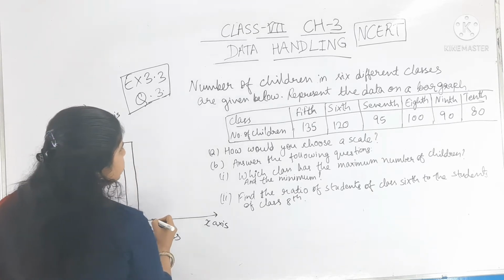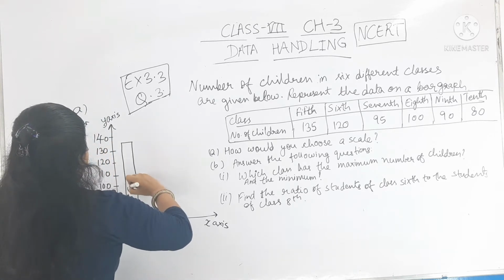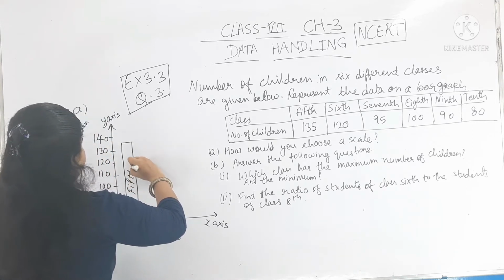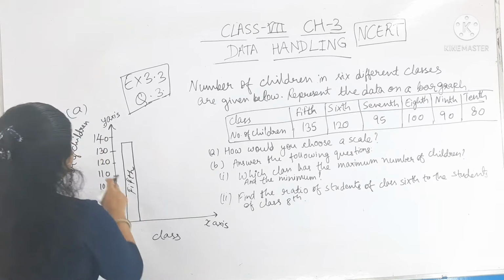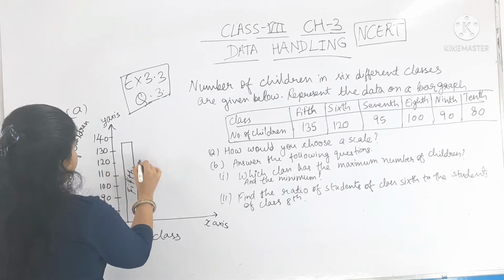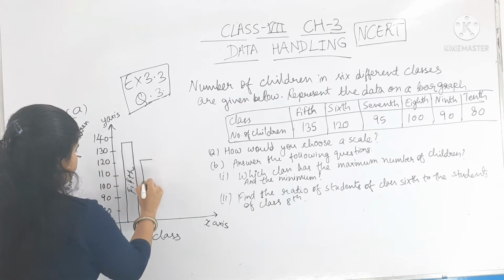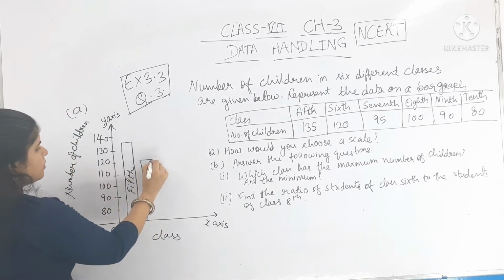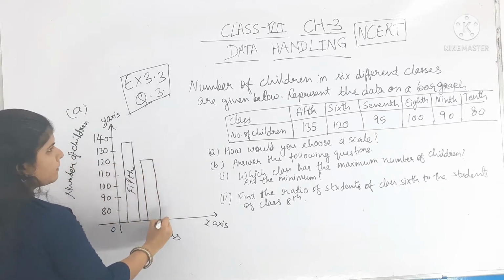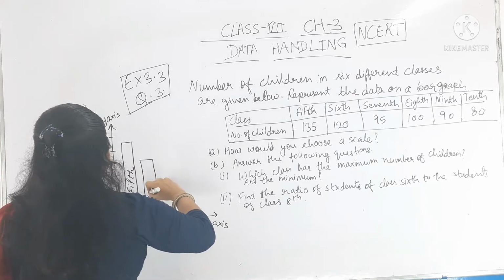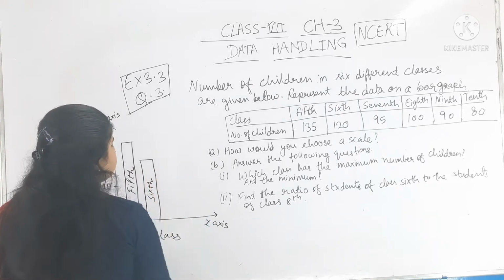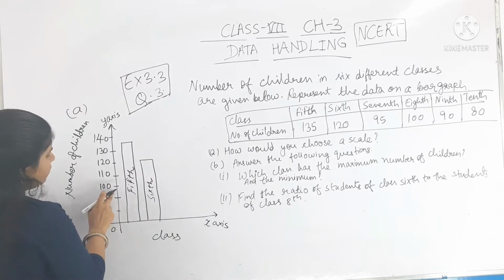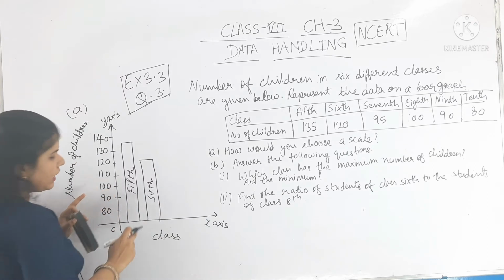Okay, this is 5th. 6th has 120 students, so you have to plot in front of 120. 7th is 95, it is between 90 and 100.